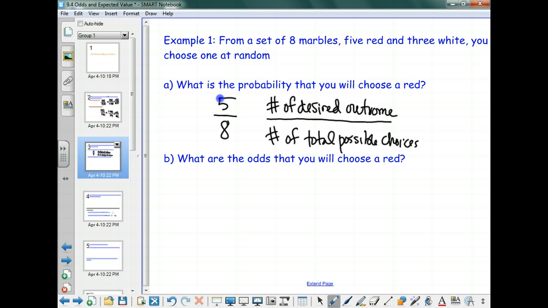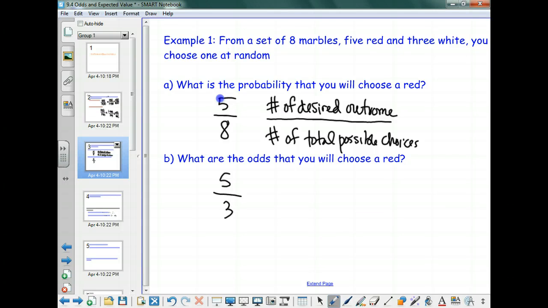Okay, odds does this. Odds says I reach in and draw out the red. How many reds are there? 5. Instead of dividing by the number of ways that I could have gotten anything, I divide it by the number of ways that are not red, which is 3 in this one.